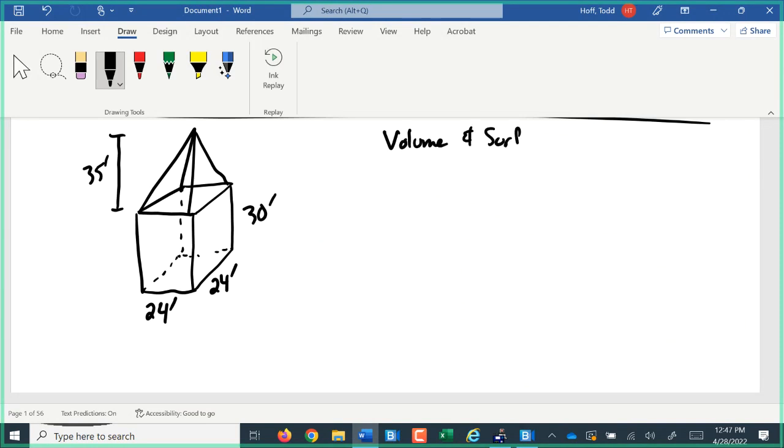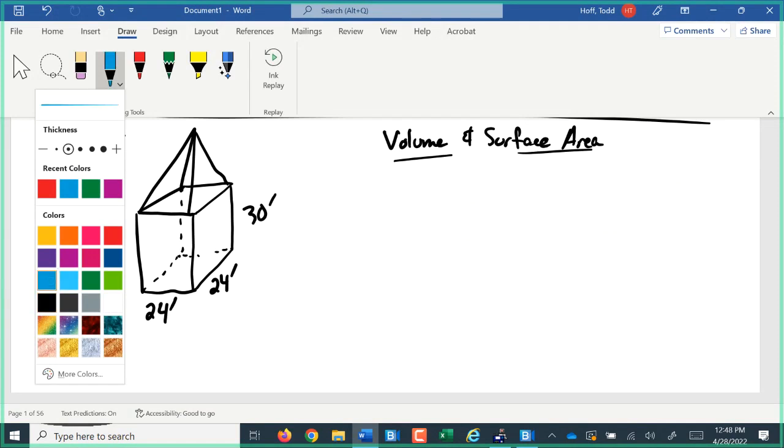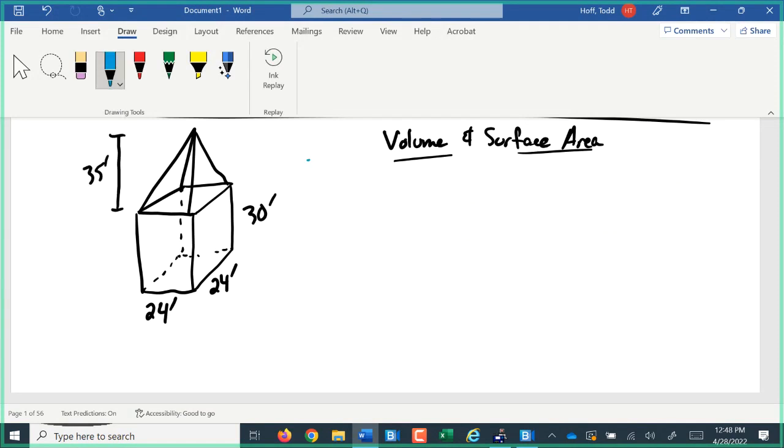Let's find volume and surface area. I'll give you a minute to draw that if you need it. So basically this would be like a wedge. Obviously not 24 feet, it'd be more like 24 millimeters, but still.